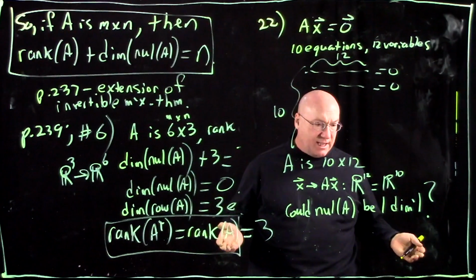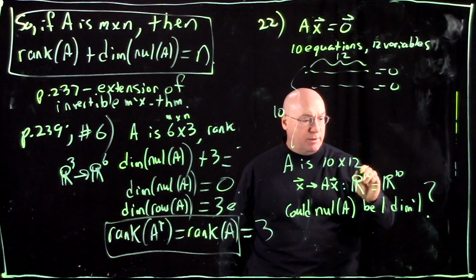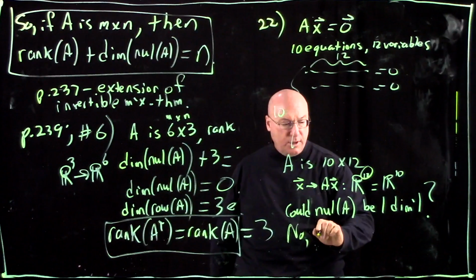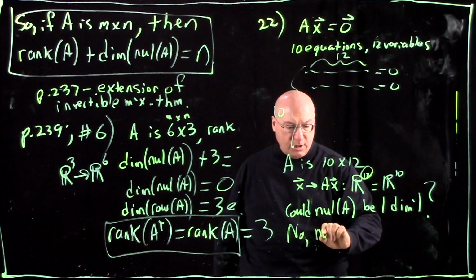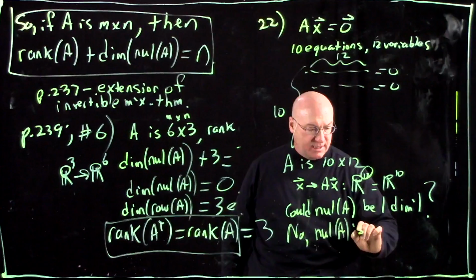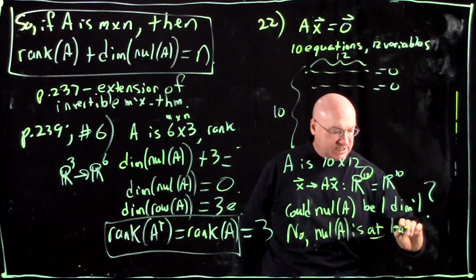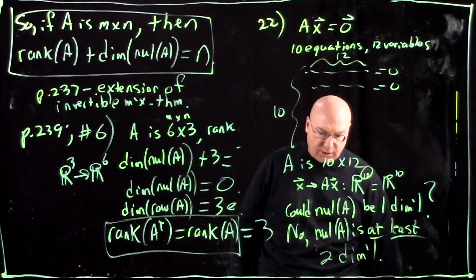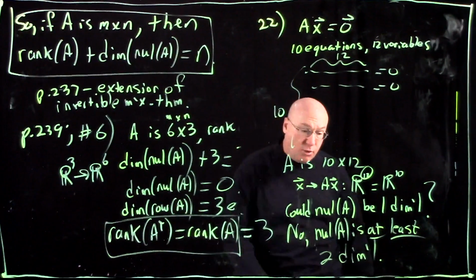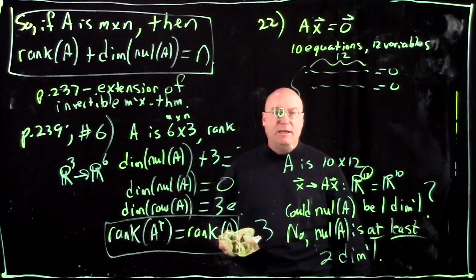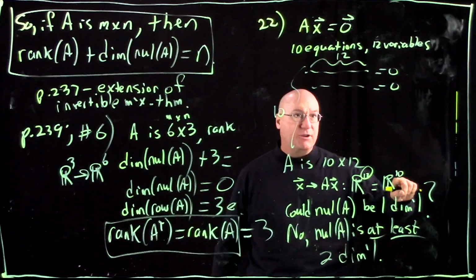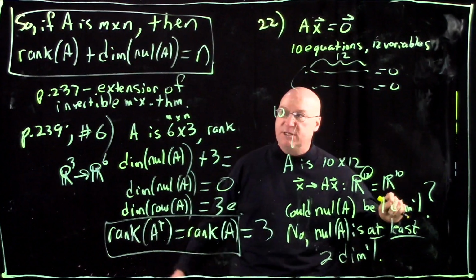And when it's written like that, you can see the answer is absolutely no, because I have 12 here and I'm going to 10. The null space of A is at least 2-dimensional, isn't it? Might be more, but it can't just be one. It could be if this were R11, if there were 11 equations, but there are only 10.